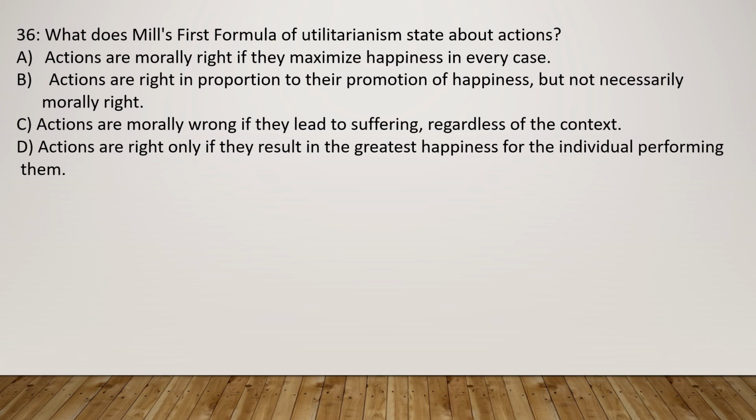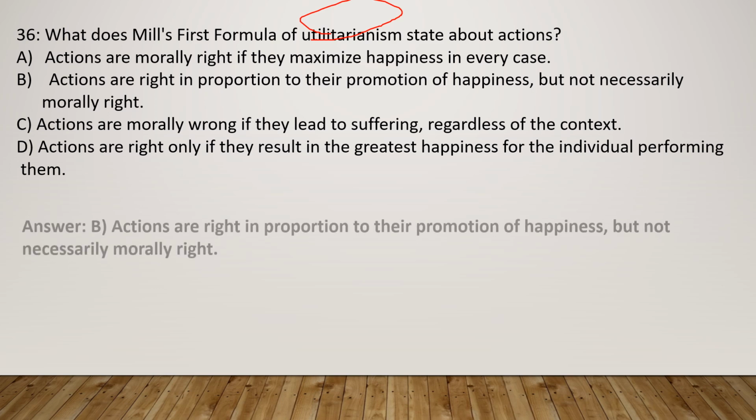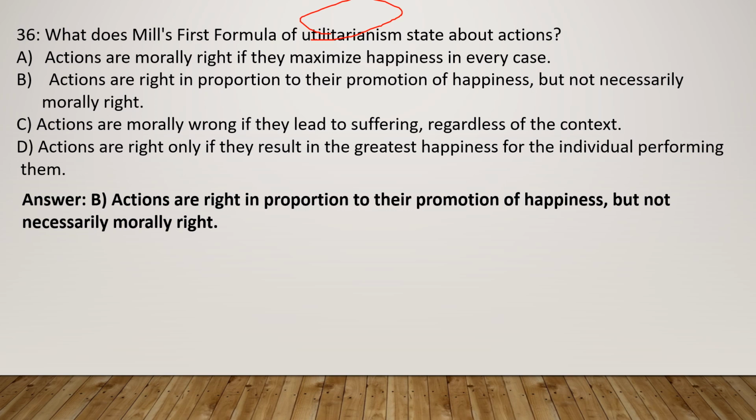What does Mill's first formula of utilitarianism state about actions? This utilitarianism is very important. So you must know precisely about this utilitarianism. Actions are right in proportion to their promotion of happiness, but not necessarily morally right.